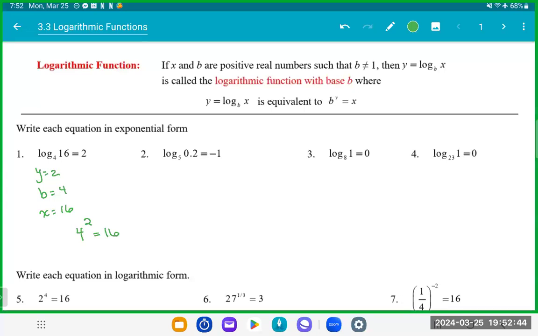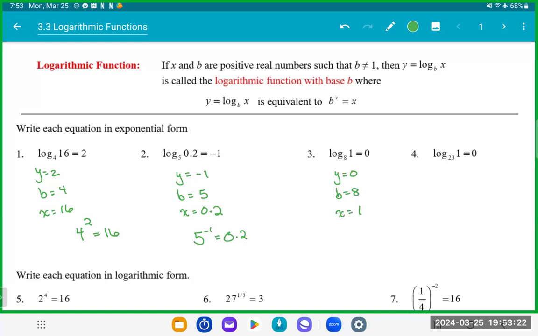For our next one, y equals -1, b equals 5, and x equals 0.2. So this is 5 to the -1 is 0.2. Next, y equals 0, b equals 8, x equals 1.